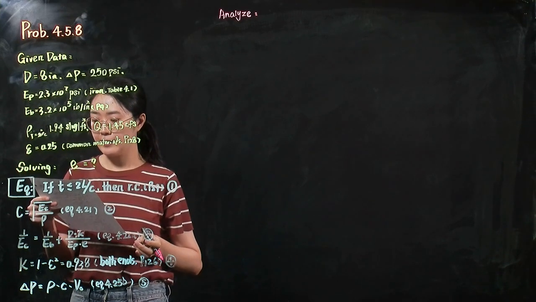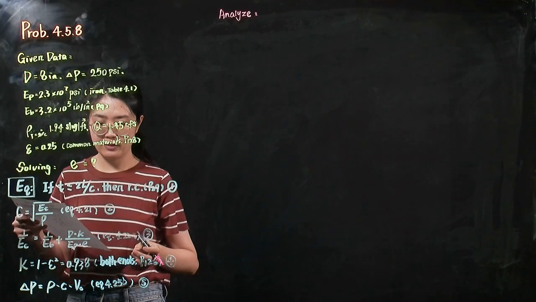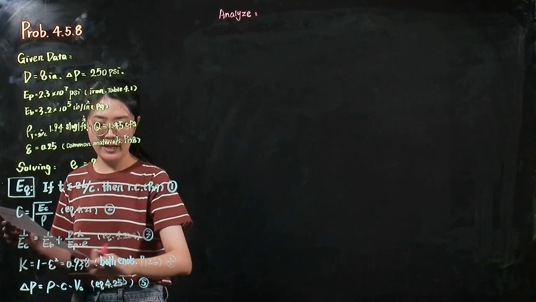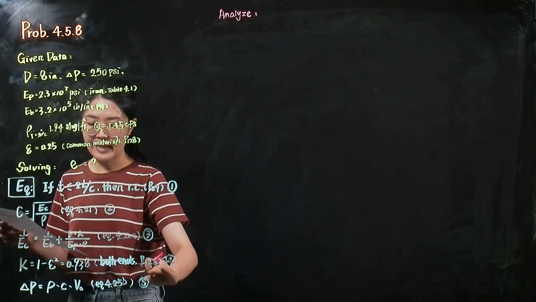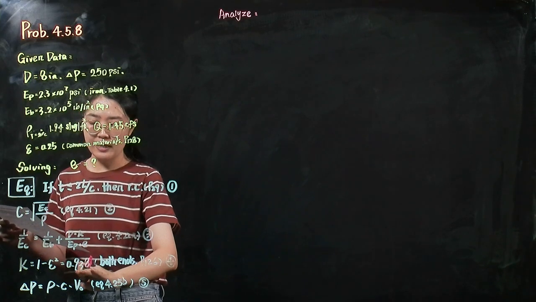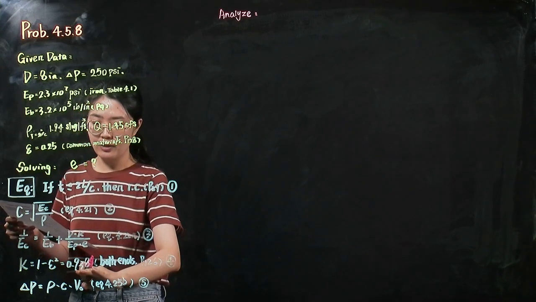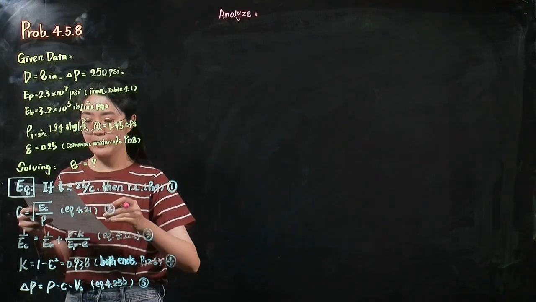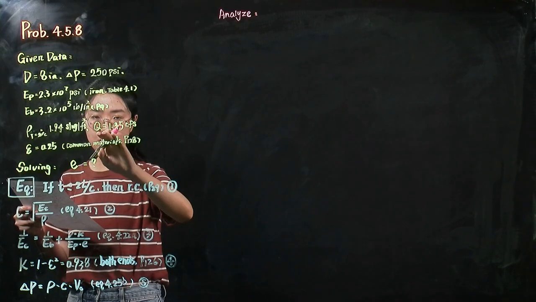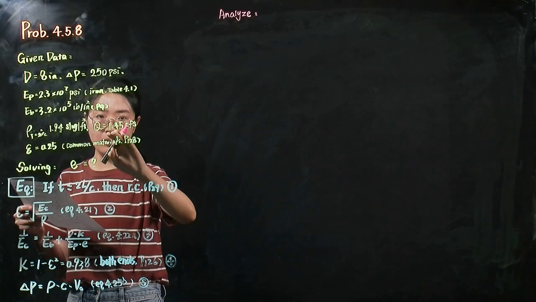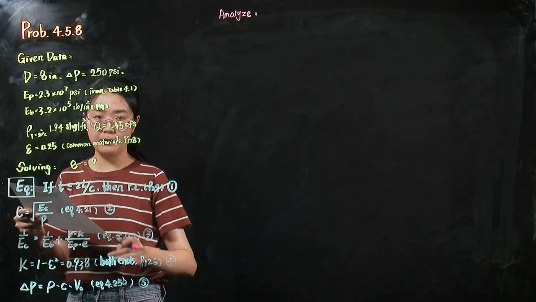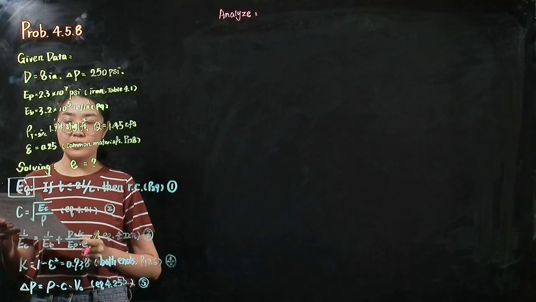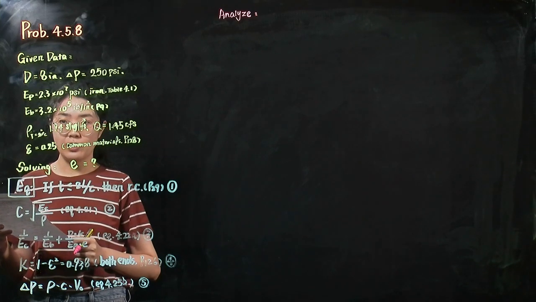The pipeline is anchored at both ends. So based on the equation given on page 126, we can calculate the constant k. It equals 0.938. And we also know the design flow rate in this pipe. It equals 1.45 cubic feet per second. And we assume that it is at room temperature.